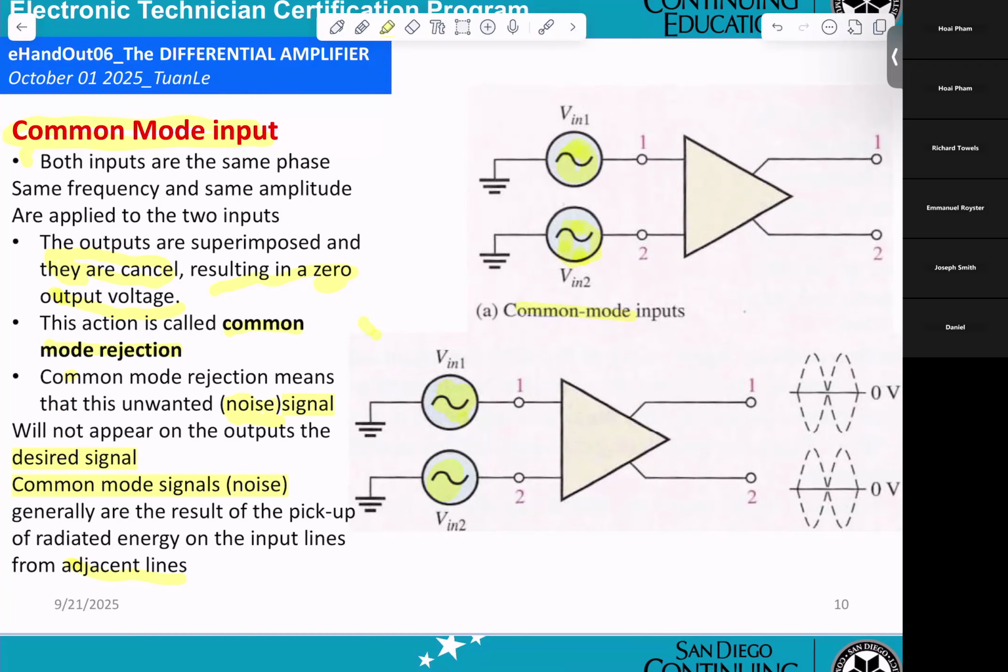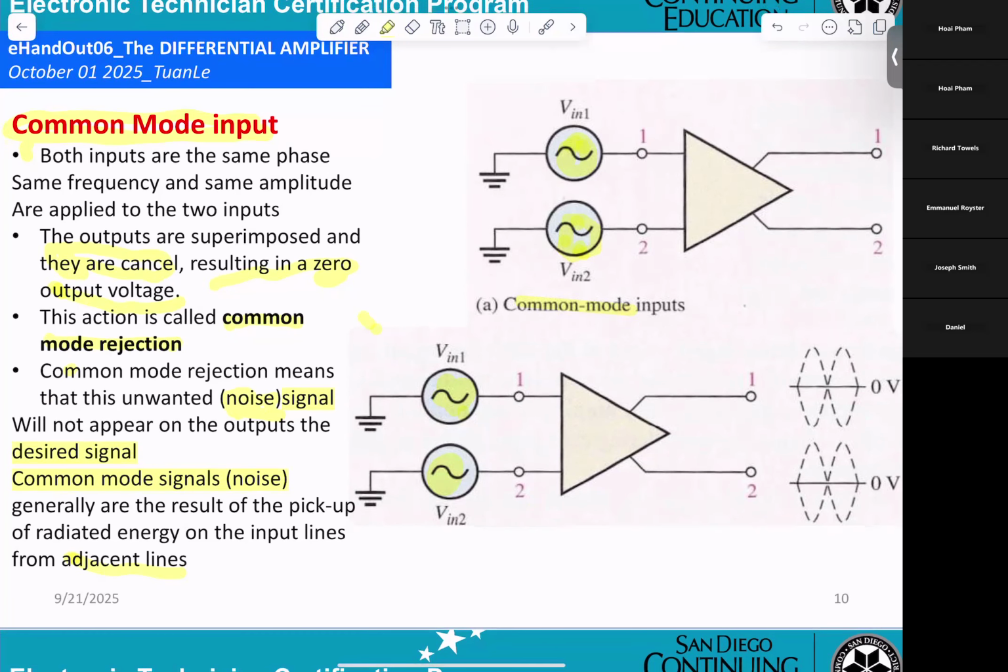That means the unwanted signal radiated from the power lines affects input one and input two. When the op-amp looks back, it sees the same identical signal. It considers that to be noise and wants to cancel it out. That means the output will be zero.